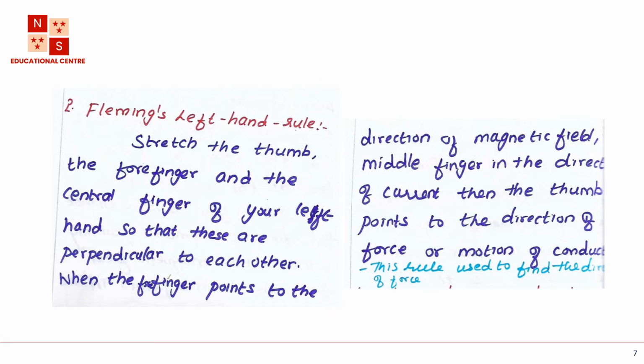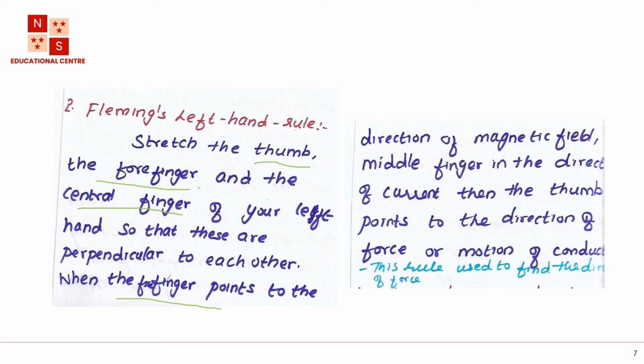The next one, Fleming's left hand rule. Stretch your left hand: the forefinger, the middle finger and the thumb. If you stretch your hand, you will be clear about it.